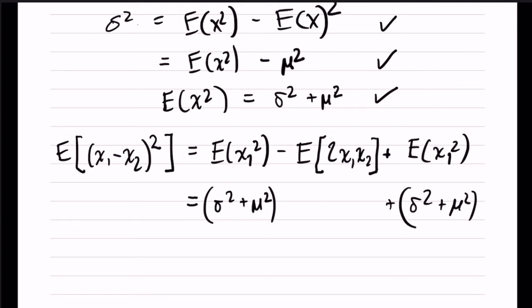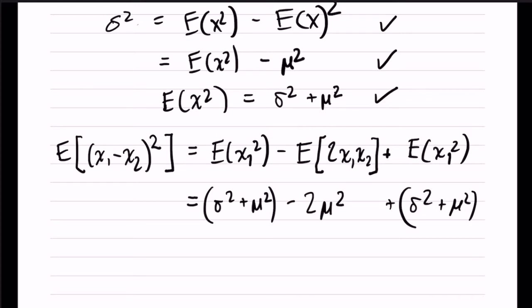And then this middle term here, what's 2 X1 X2? Because expectation is linear, we can pull the 2 out, and of course the expectation of X1 times X2 is just the expectation of X1 times the expectation of X2. What's the expectation of X1? Well, that's the expectation of any sample of a random variable.